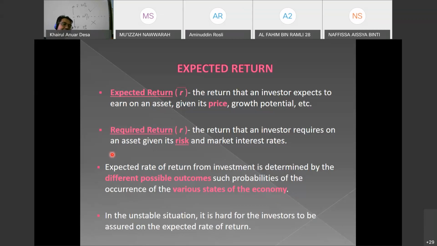Jadi tugas pegawai kewangan adalah penting dalam pembuatan keputusan. So salah satu kaedah pembuatan keputusan adalah melalui perbandingan expected rate of return dan required rate of return di sini. Okay, boleh kan? Any question?